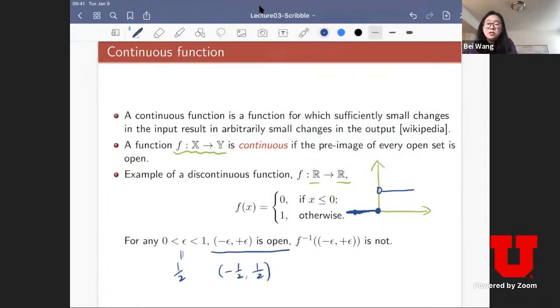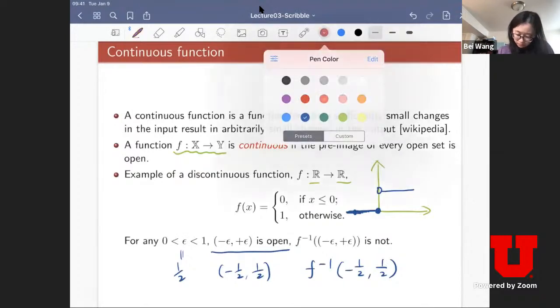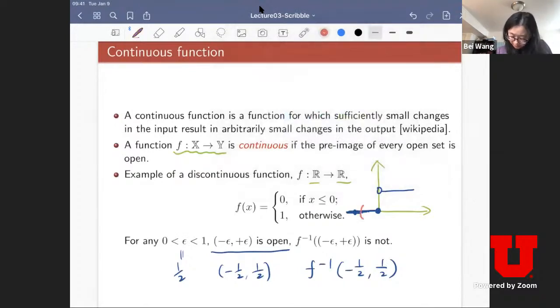But now what I'm looking at is the inverse of this open interval. Okay, so what is the inverse of the open interval if I were going to draw it? It looks like this. And this is now not an open set.